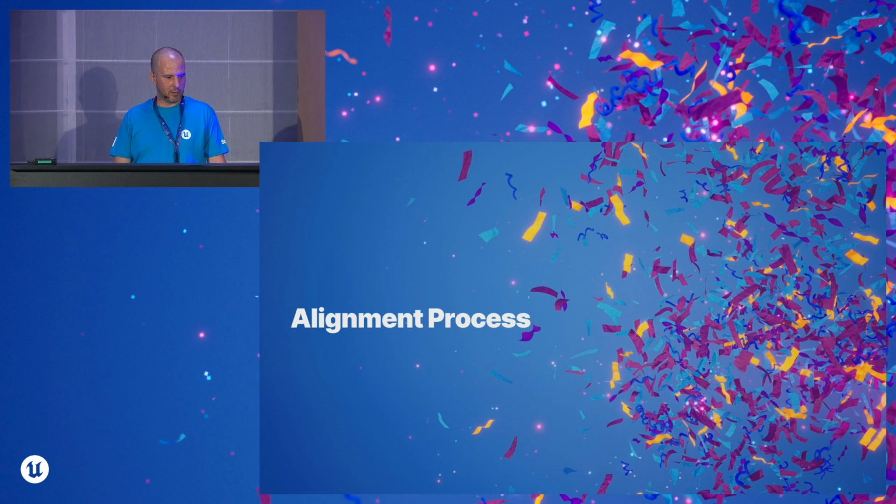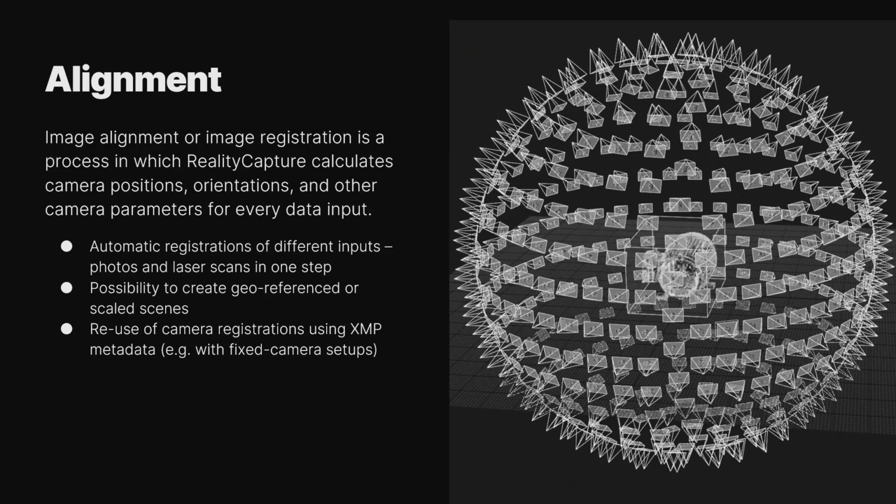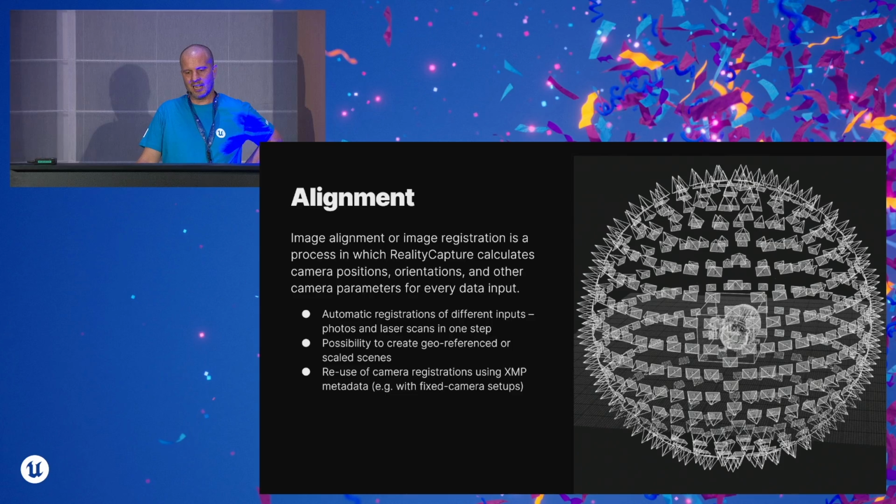Okay, alignment process. Yeah, this is basically just figuring out where all of the cameras are. Automatic registration of different inputs, photos or laser scans. So we can actually align laser scans to photos, which gives you the best of both worlds, because the laser scan, in most situations, is going to give you a better mesh than you will get from simply your photos, but it will give you a horrible texture.